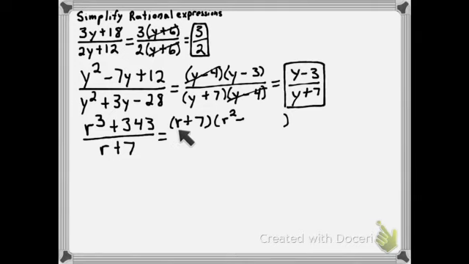And so the r times 7, which is 7r. And then our last sign is always addition. And then our last term, move these parentheses out a little bit, is going to be this 7 squared. And so when we square the 7, we get 49.